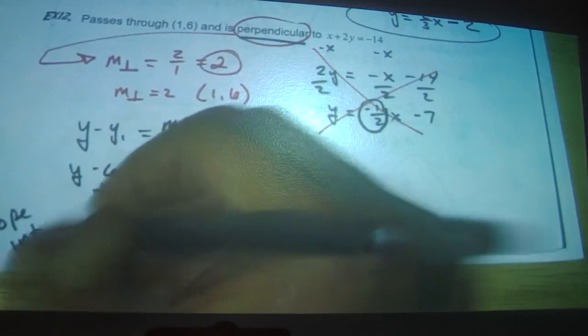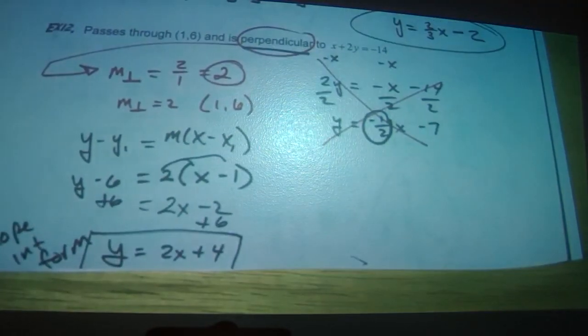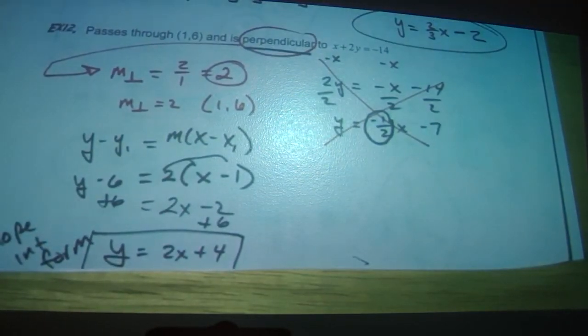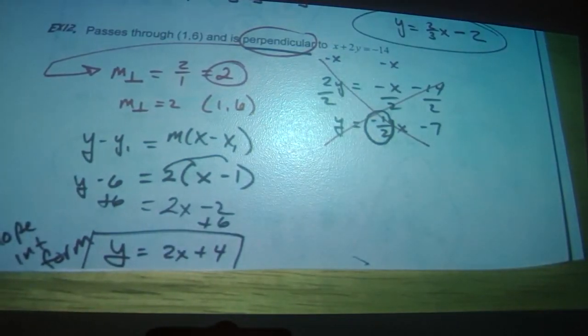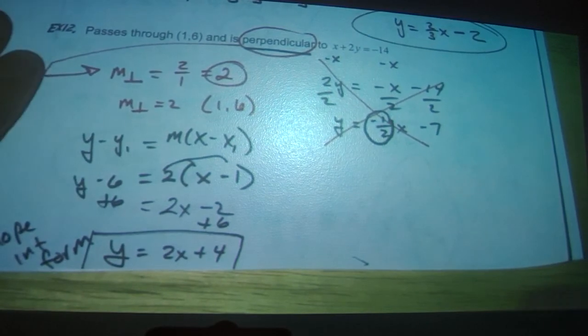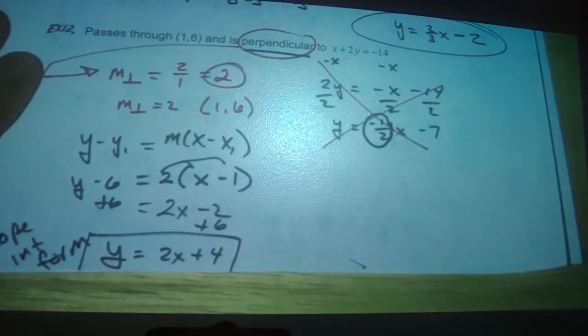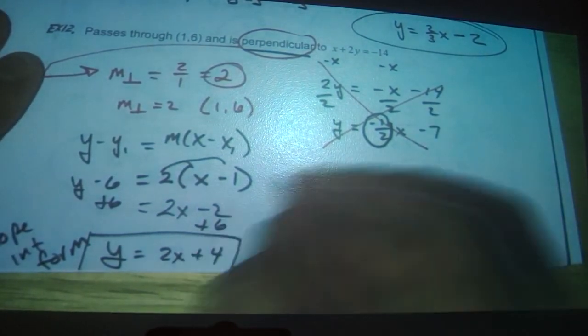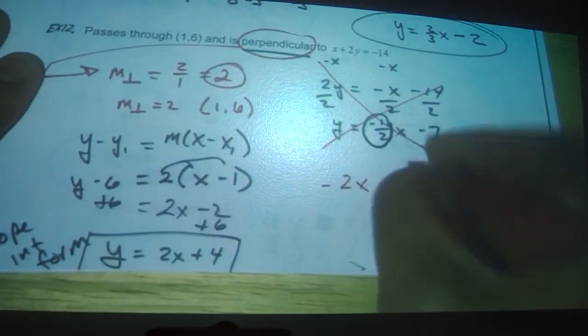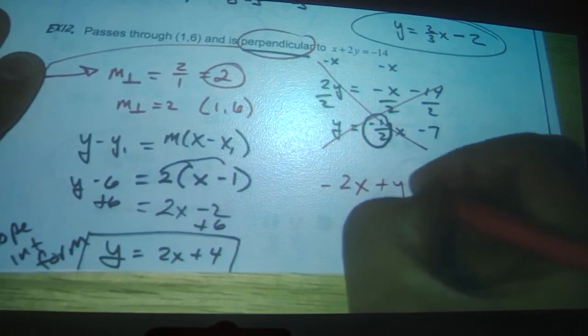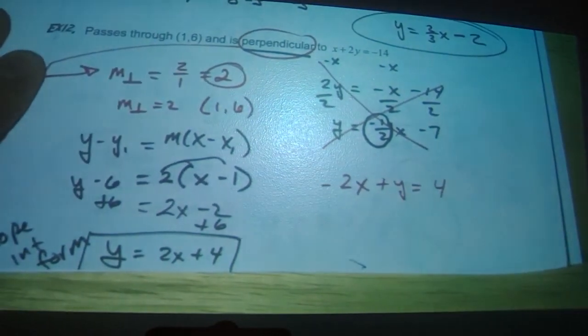Quiz or test, that's fine for me. Okay. I'm pretty much 99% sure that that's all I asked for on my math lab. But if you ever see one that says put it into standard form, then the only thing I would have to do is subtract that over. I would get 2x plus y equals 4.